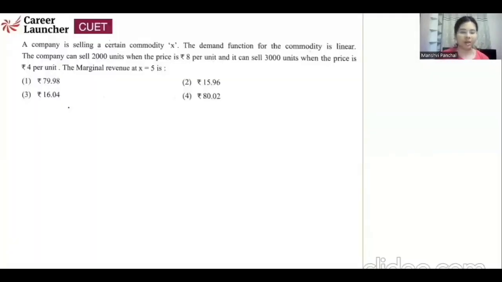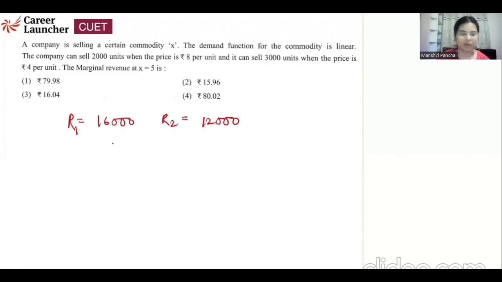So in this question, we have been told that let's say R1 will be 2000 into 8, right? Which will be 16,000. And R2 will be 3,000 into 4, which is 12,000, when the price is 4 per unit.